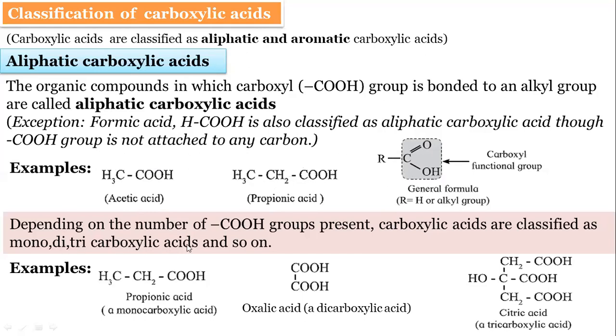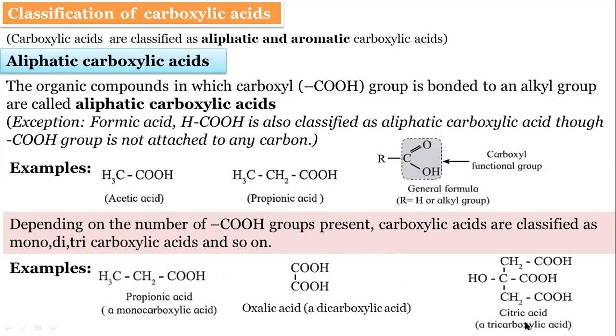Then depending upon the number of COOH groups present, the carboxylic acids are classified as monocarboxylic acids, dicarboxylic acids, tricarboxylic acids, and so on. In this example, one COOH group is attached, so it is called a monocarboxylic acid. Then this is a dicarboxylic acid, oxalic acid. See, 2 COOH groups are there.